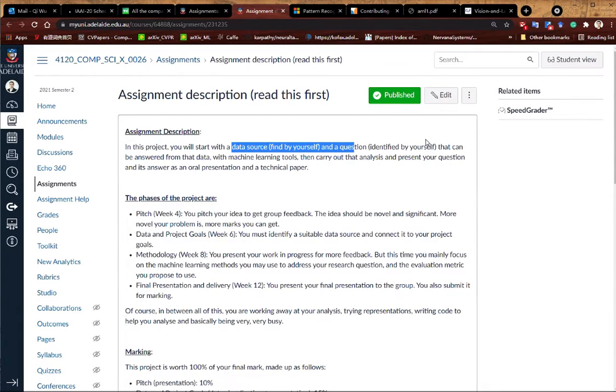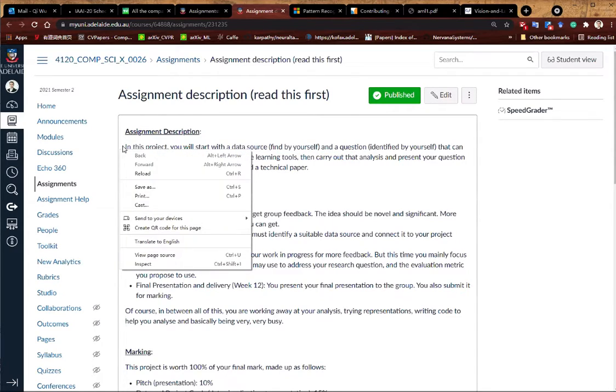So you need to identify the data set, identify the question, and then, with machine learning tools, carry out that analysis and present your question and its answer as an oral presentation and a technical report. That's the full description of this project.